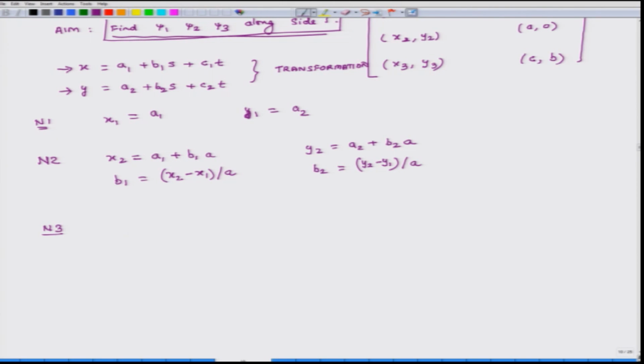And for node 3 the relation is: x coordinate is x3, this is equal to a1 plus b1 times C plus c1 times B, and this will give me the value for c1, because I now know a1 and b1. y3 equals a2 plus b2 C plus c2 B. This will give me the value of c2.